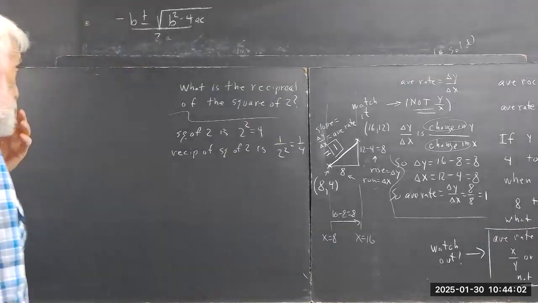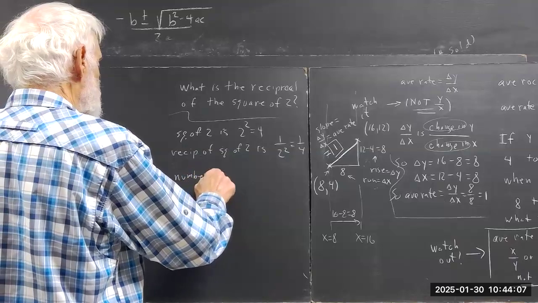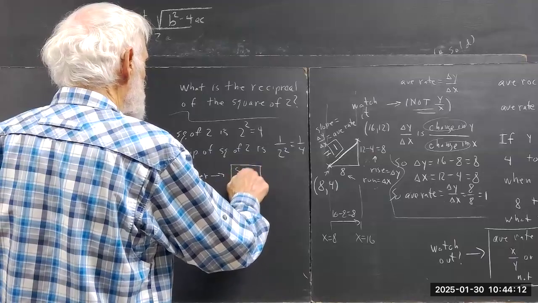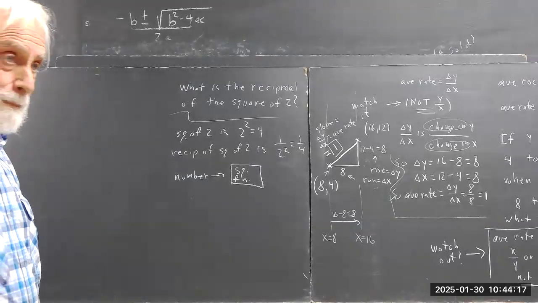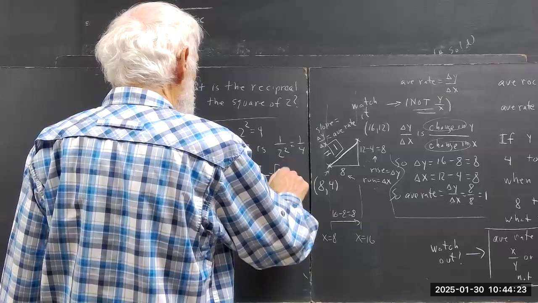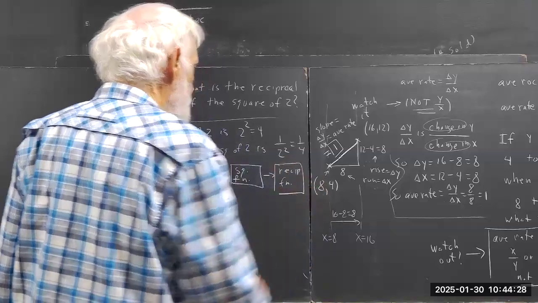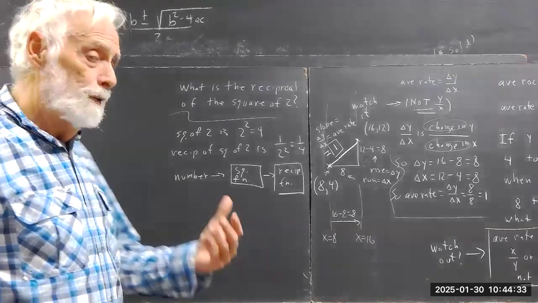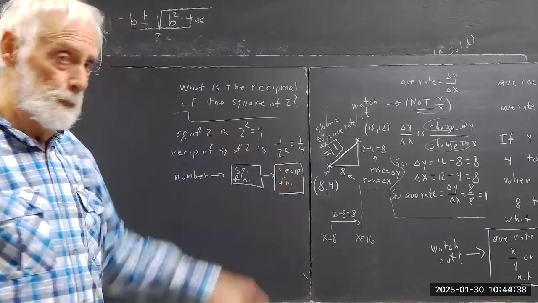But what you've done is you've taken a number and you fed it into the squaring function. Then you've taken that number and you fed it into a reciprocal function. That's called a composite function. You compose the squaring and the reciprocal.